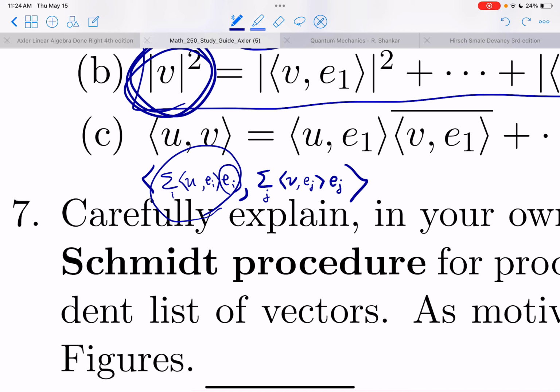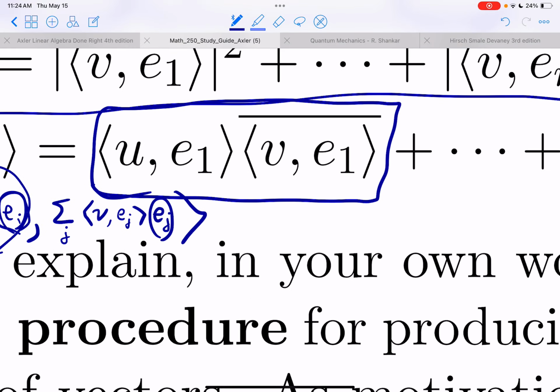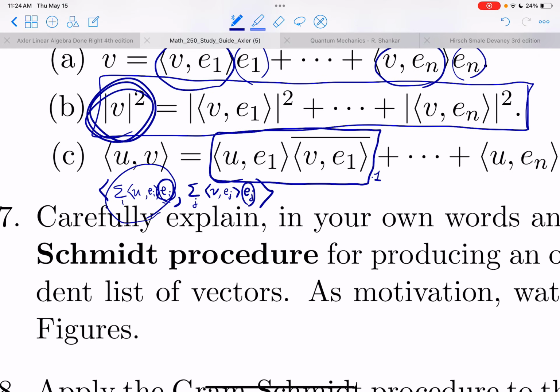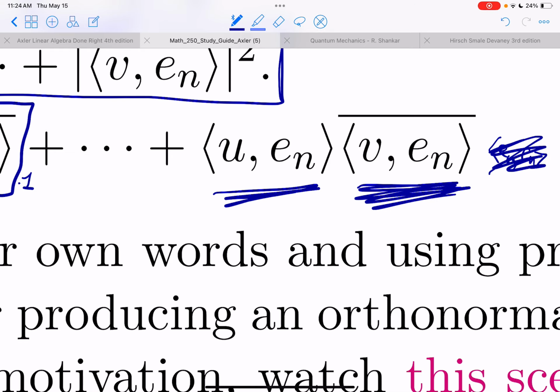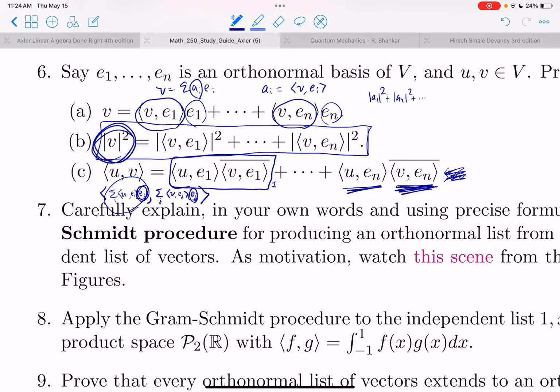The only terms that survive are the E1, E1, which then gets its coefficient next to a 1, which is E1 dot E1. And you just keep doing that. E2 will come out with a 1, and it'll keep its coefficient. And finally, En was a 1 that we don't write. And this pulled out from the first factor, and this pulled out with a conjugate bar from the second factor.